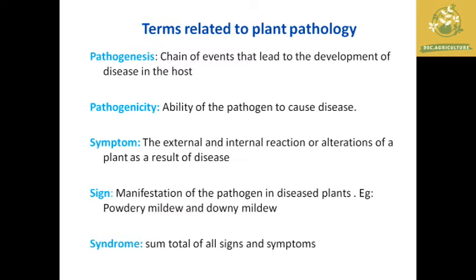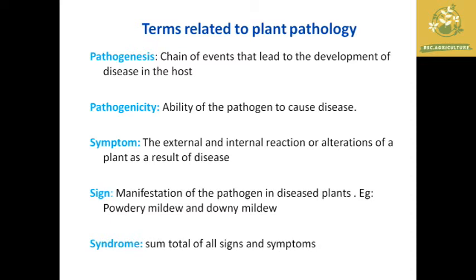And symptoms are the term used to explain the result of the disease, which can have both internal as well as external reactions in the host plant. And signs are known as the identification of the particular microorganism. For example, in powdery mildew, you can see white patches on the host body.